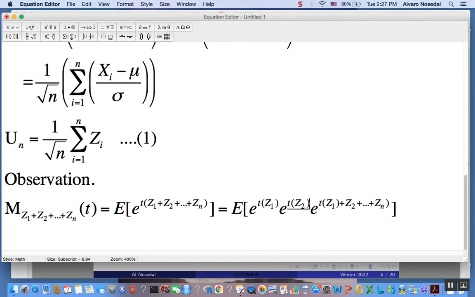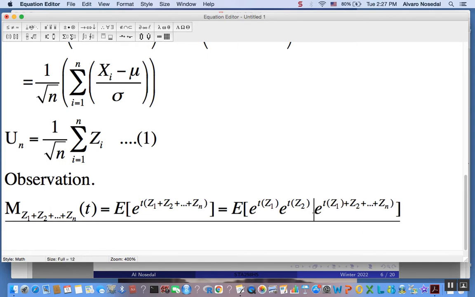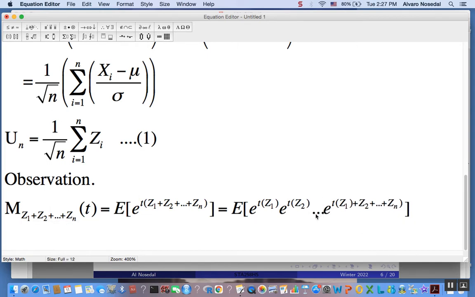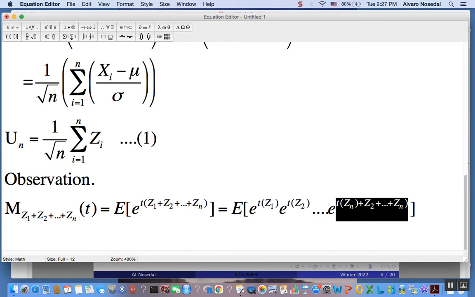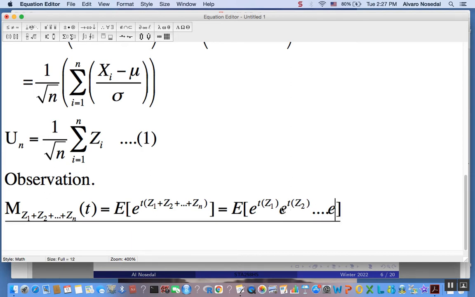Oops. Let me fix that. Just doing algebra, e to the power t times z1 plus z2 plus dot dot dot zn is the same as this.